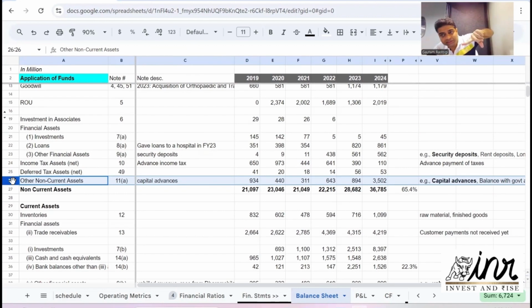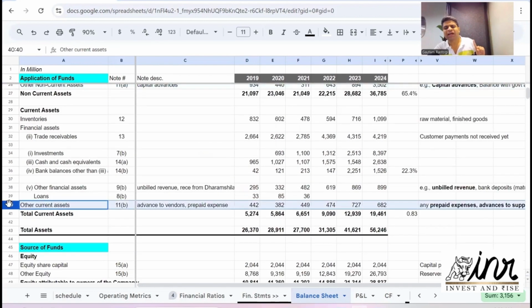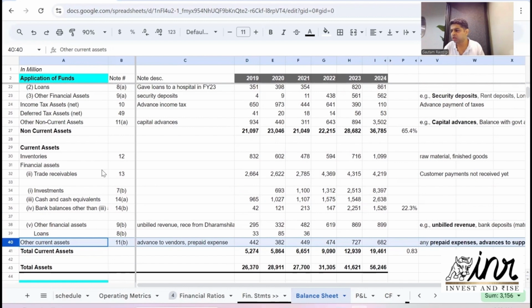That's why the advance you give to the developers falls in non-current assets. But the advance you give to other suppliers, who may be supplying you some medical consumables or medicines, has a short-term life. So that advance, that prepaid expense, falls under other current assets. That's the distinction.